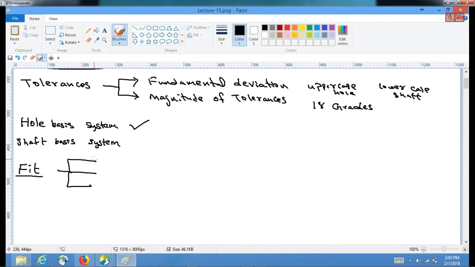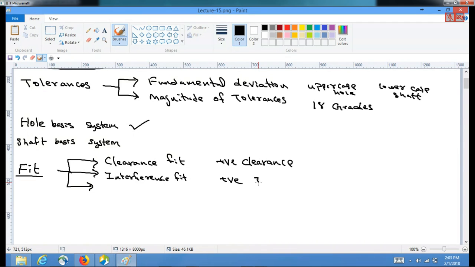The one is clearance fit, where we have positive clearance, and interference fit, where there is positive interference, and there is transition fit, which depends upon the actual tolerances you see in the parts.